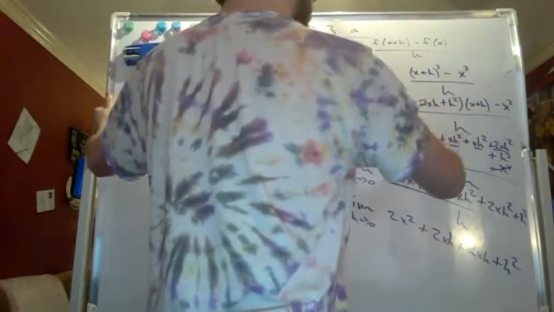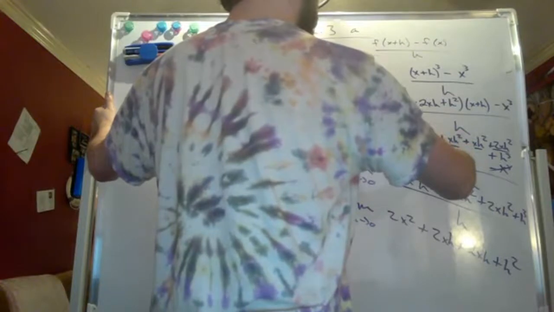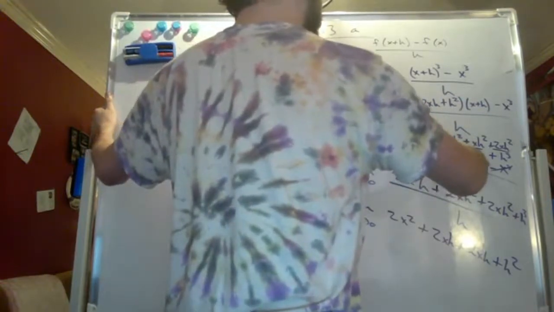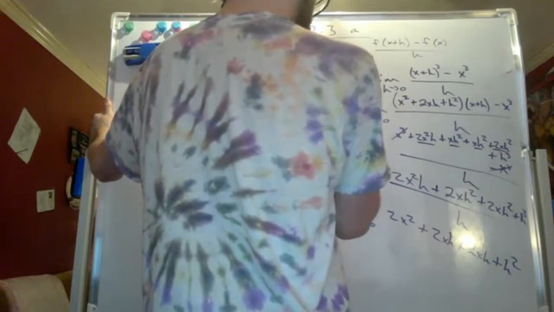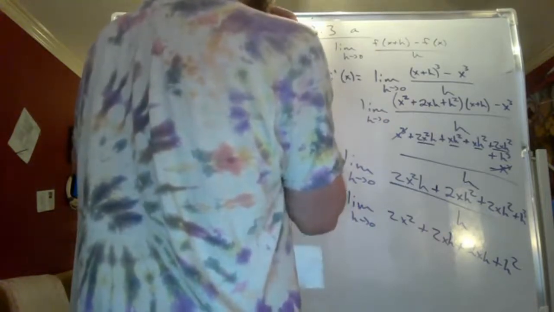I did mess up somewhere. x cubed plus 2x squared h plus xh squared plus another xh squared plus 2xh squared plus h cubed, minus x cubed. Hold on. Let me pause this and figure out what went wrong.